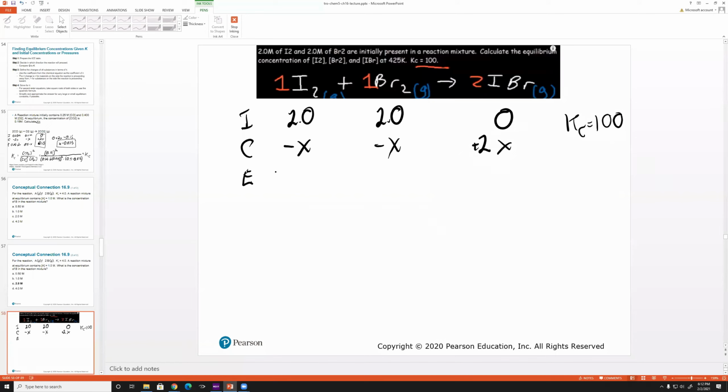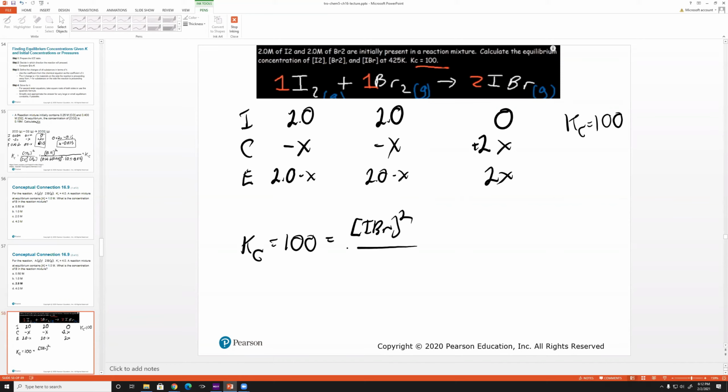Then our equilibrium will be just adding up the I and the C to get the E: 2.0 minus X, 2.0 minus X, and then 2X. Kc now equals 100, which equals the products. We'll put the general term first: IBr squared over the concentration of I2 times the concentration of Br2.